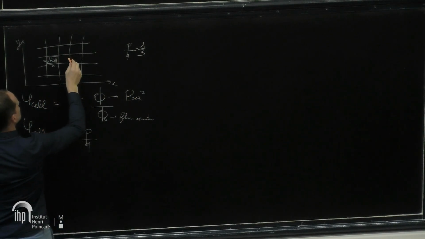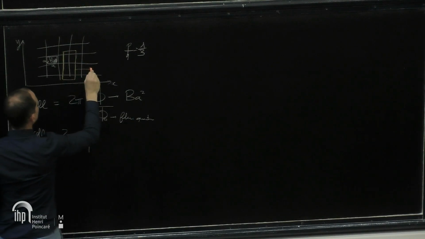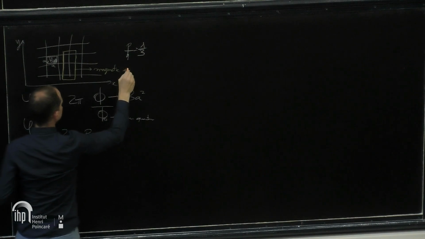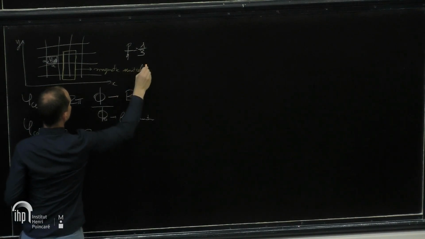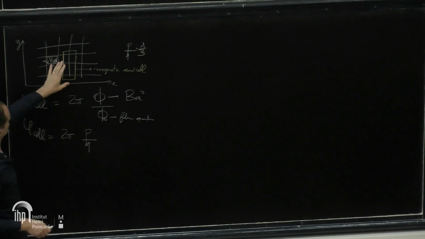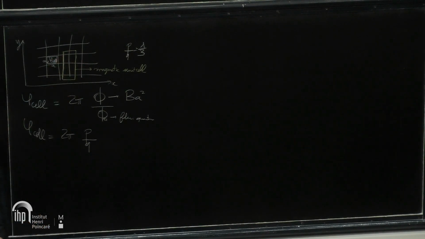Then if I take a unit cell like this that contains 3 sites, this is called the magnetic unit cell, it encloses a total flux which is phi naught. And then the system becomes translationally invariant with respect to translation of this magnetic unit cell.